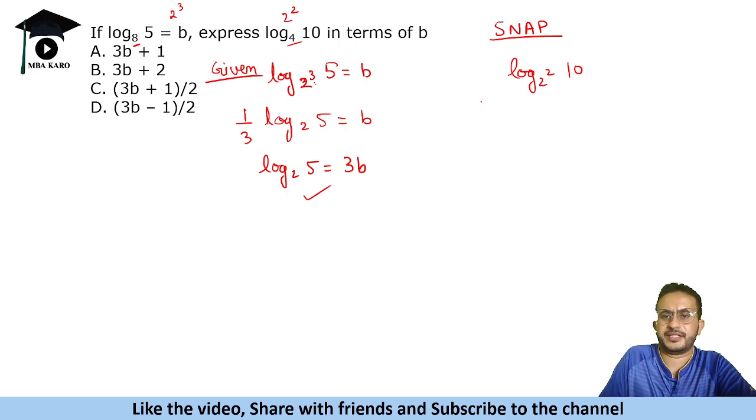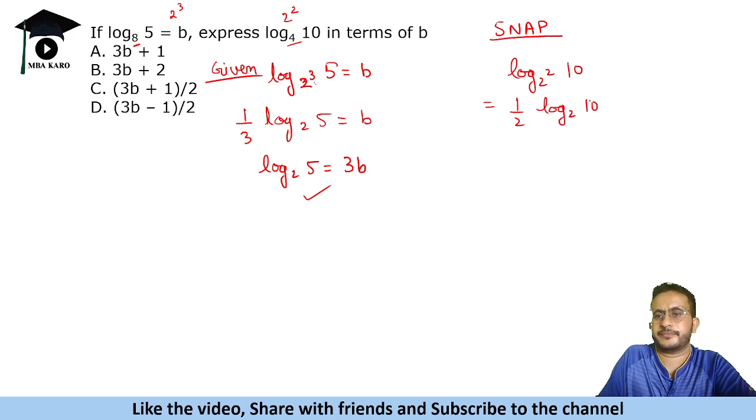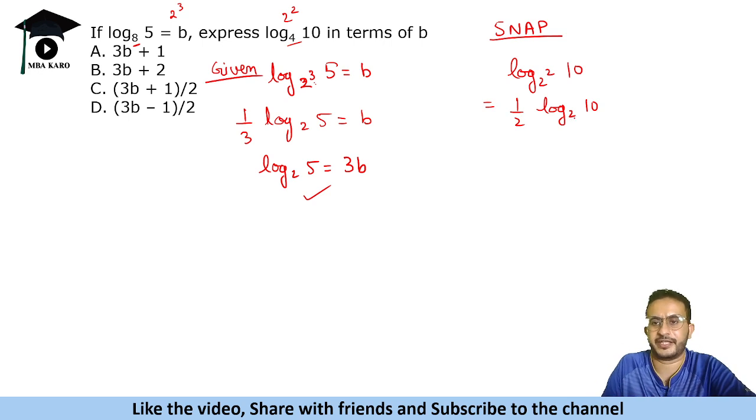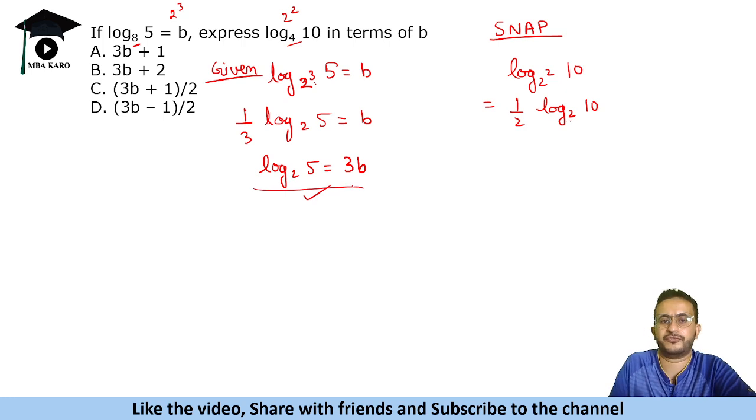So we can say that log base 2² of 10 is half log₂ 10. Now you will say we do not know the value of log₂ 10, because the base is 2, it is not 10. If the base was 10, you would say equal to 1, but the base is 2. But we know the value of log₂ 5. So this can be simplified as half of log₂ of 5 into 2.